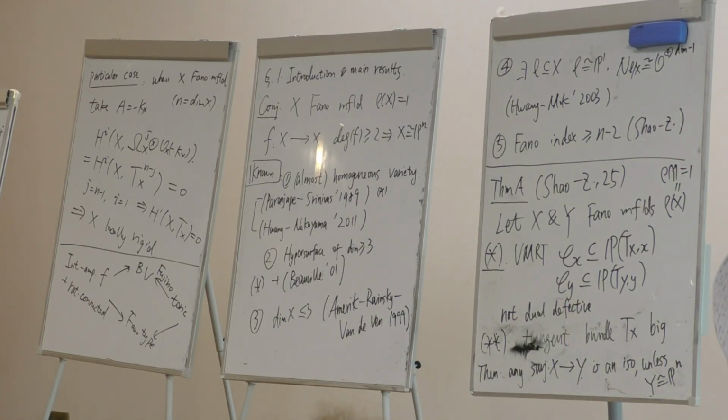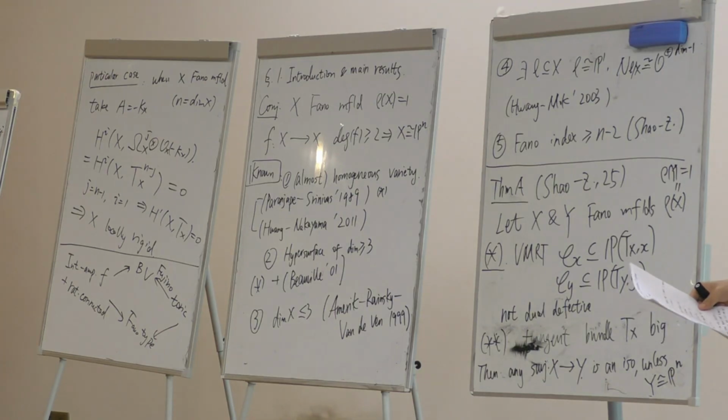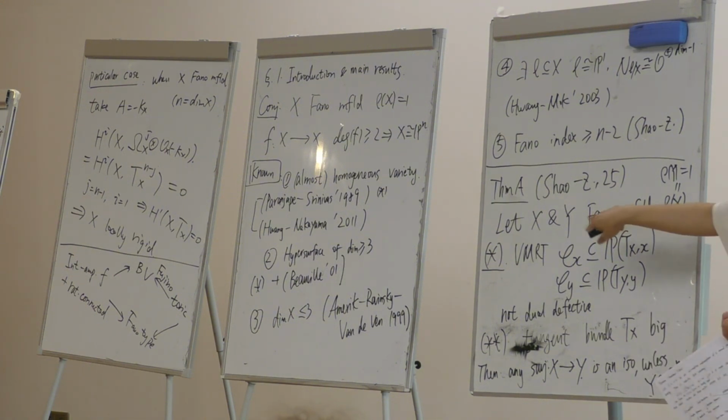If you say in your theorem that if the tangent bundle of X is big, then any surjective morphism from X to Y, with X and Y given, such that the Picard rank is equal to 1. Yes. The first part is about some restriction on the Fano manifolds.